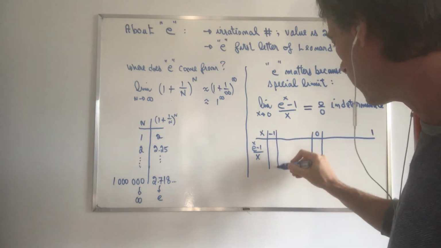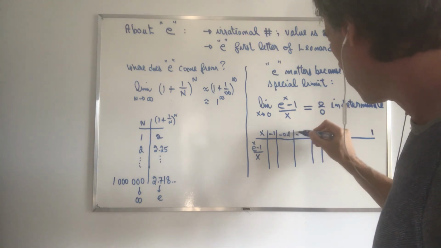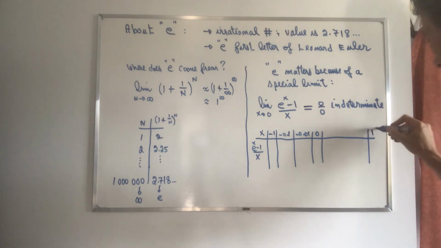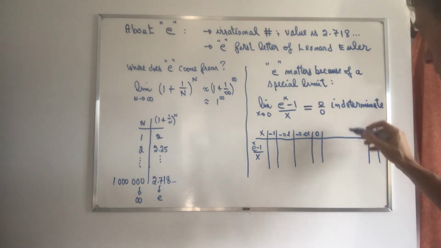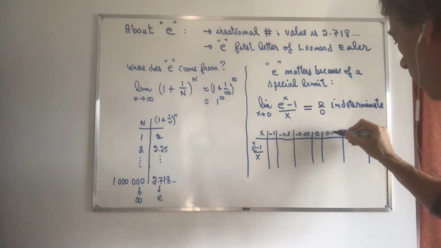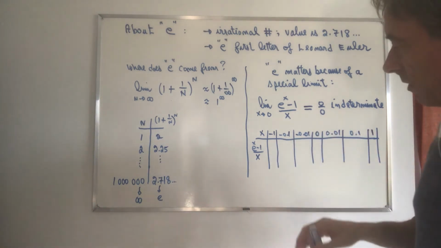And then you get closer and closer: minus 0.1 and minus 0.01. As for the other side, same thing, but positive: 0.1 and 0.01.